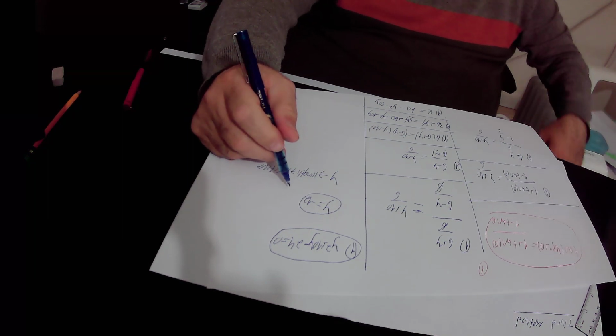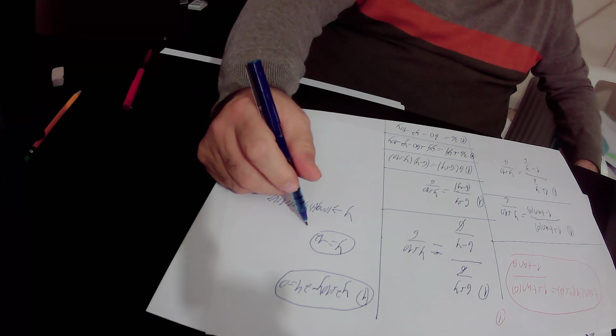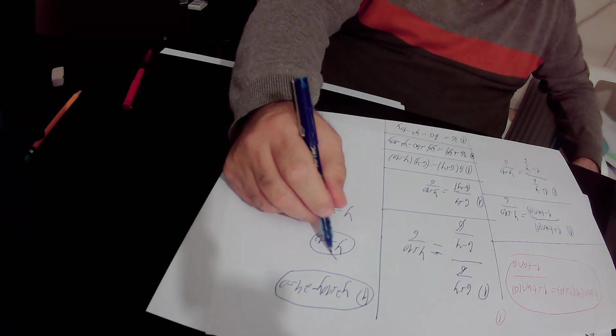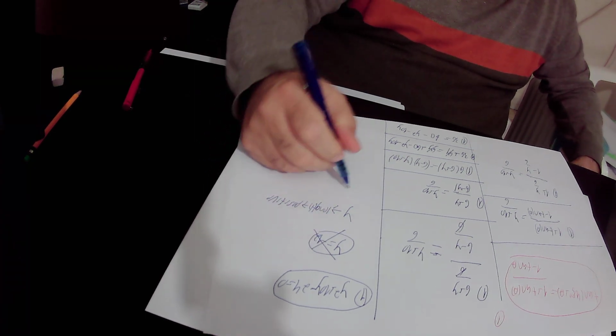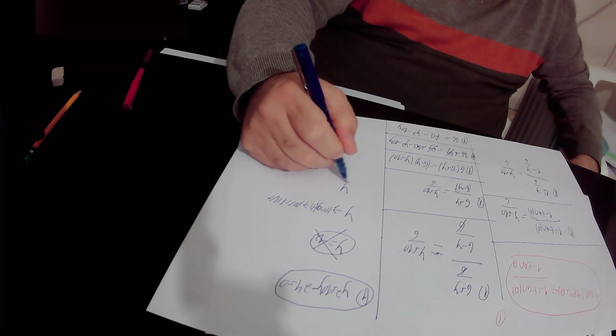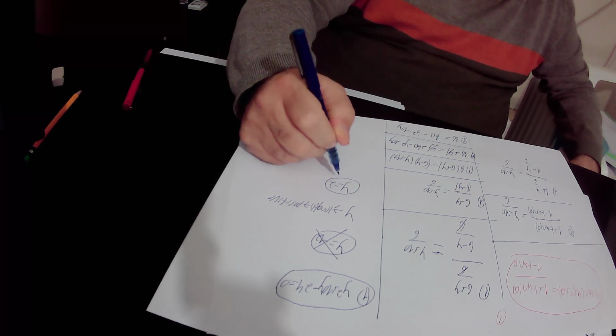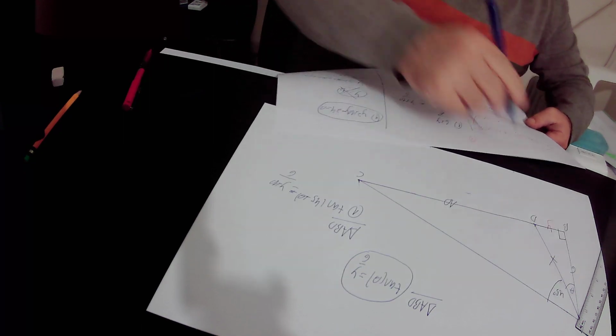Therefore, y cannot be equal to minus 12. So we cancel this solution and we are left only with the second solution, that y equals 2 units. So here we know that y equals 2 units.